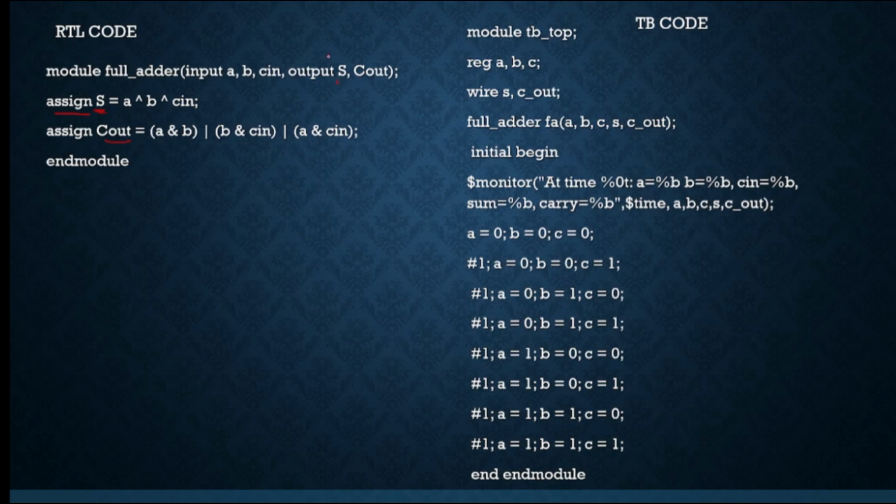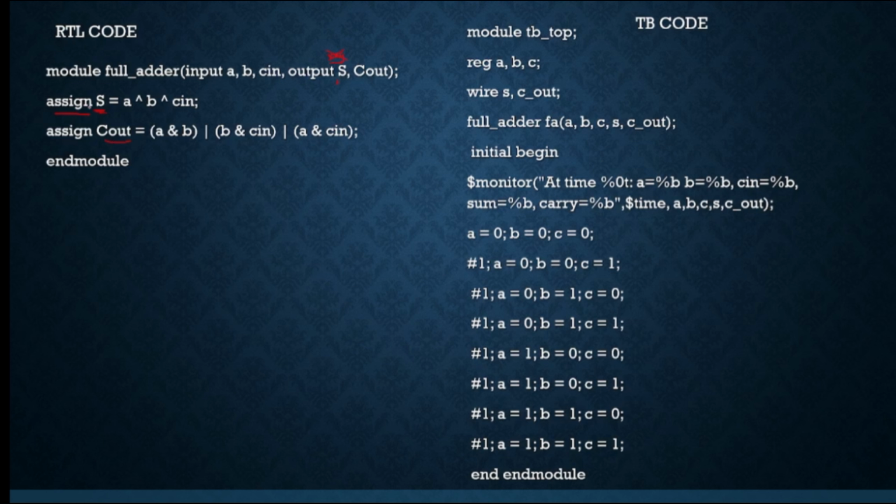If you mention it as reg here, then it will throw you an error. You should remember that. The simulator throws an error because the LHS of data flow modeling should always be of wire data type. That is why I also explained that in the data flow modeling starting video. You can check that out.